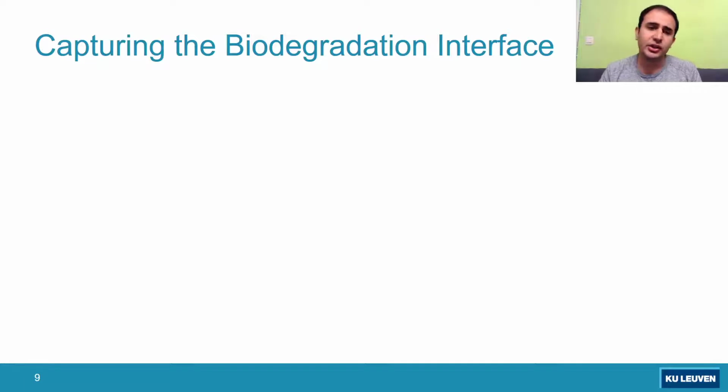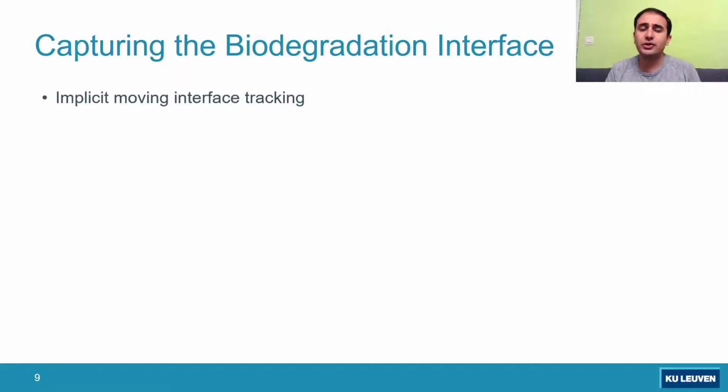But in addition to this, we need a method. We need to track the change of topology of the implant so we can optimize the mechanical stability of it over time. To do that, we need to track the moving interface, the corrosion interface.